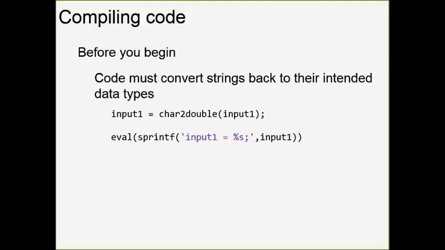So let's forget about the eval for a second. What's that going to give us? That's going to give us, here, let me do a little syntax highlighting to make this clear. That's a string. This is a string.